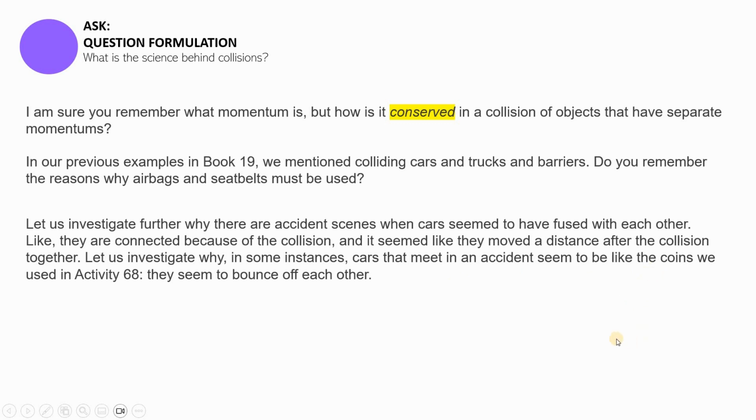Now, we'll be investigating why there are accident scenes when cars seem to have fused with each other. Di ba may mga, although this is a trigger warning, there are accidents when two cars collide, they seem to have been stuck with each other, right? Para silang nagdikit, right? Like they were connected because of the collision. And it seemed like they moved a distance after the collision together, right? 'Di ba? May mga ganun.